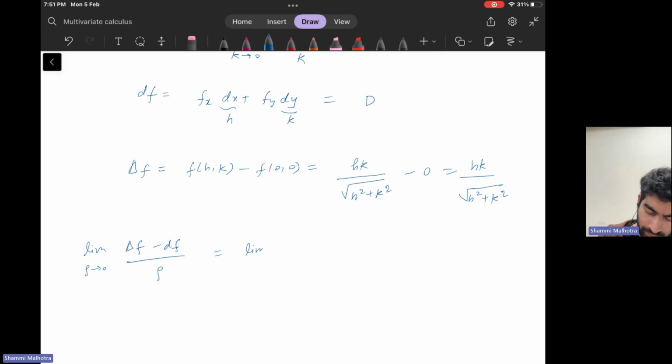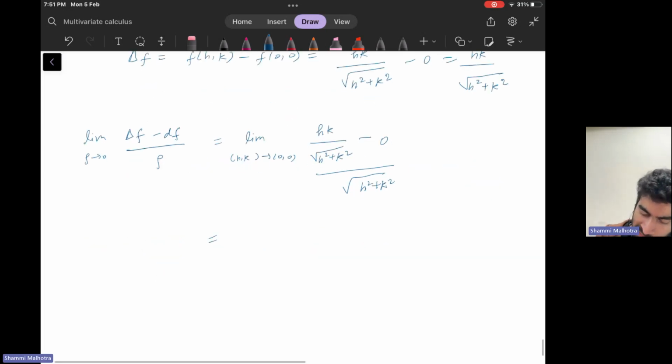So this is limit h and k tending towards 0, 0 of hk whole divided by h square plus k square, and df we calculated to be 0, whole divided by square root of h square plus k square. So this is limit hk tending toward 0, 0 of hk divided by h square plus k square.